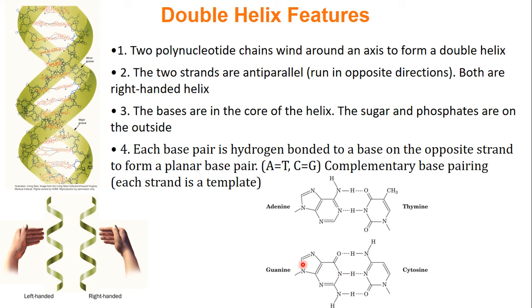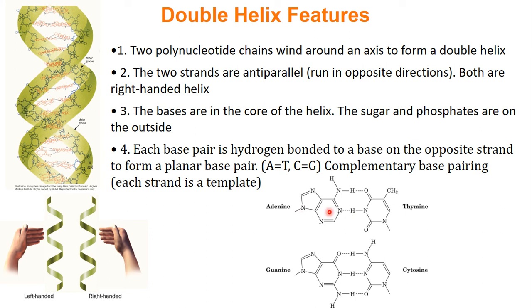So a GC base pair is more stable than an AT base pair due to the number of hydrogen bonds. And of course, we're talking about DNA, so if this was RNA, this CH3 would be chopped off, and that would be uracil.